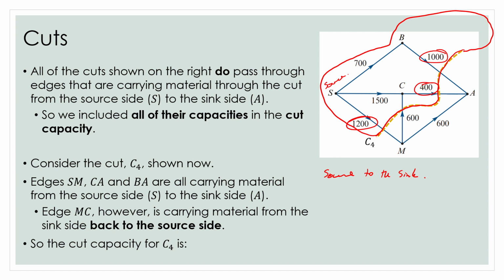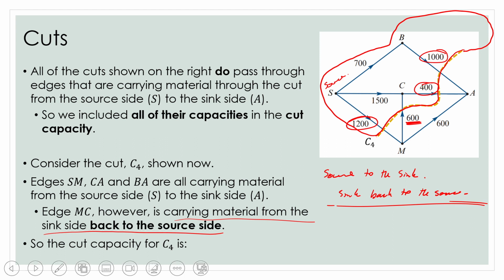Now, one of these ones, the 600 here, we can see actually goes from the sink back to the source. This is going to create an issue. What's happening as written here is it's actually carrying material from the sink back to the source. So for the cut C4, we are not going to count something which is doing that.